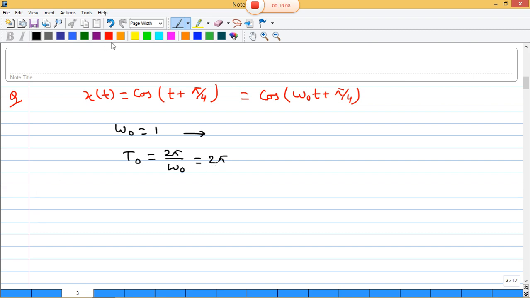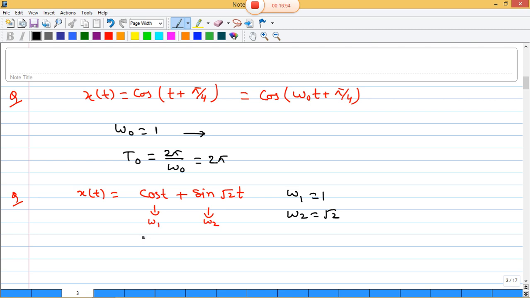Now just take another example. x of t is equals to cos of t plus sine of root 2t. Now for this one omega 1 and here omega 2. So omega 1 will be 1 and omega 2 will be root 2.